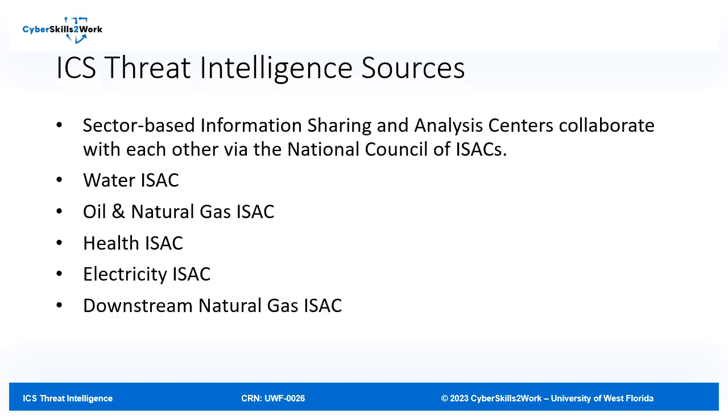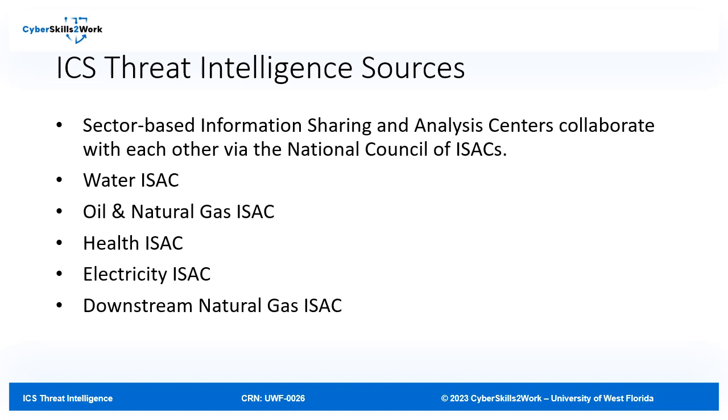Information Sharing and Analysis Centers, or ISACs, help critical infrastructure owners and operators protect their facilities, personnel, and customers from cyber and physical security threats and other hazards. ISACs collect, analyze, and disseminate actionable threat intelligence to their members and provide members with tools to mitigate risk and enhance resiliency.